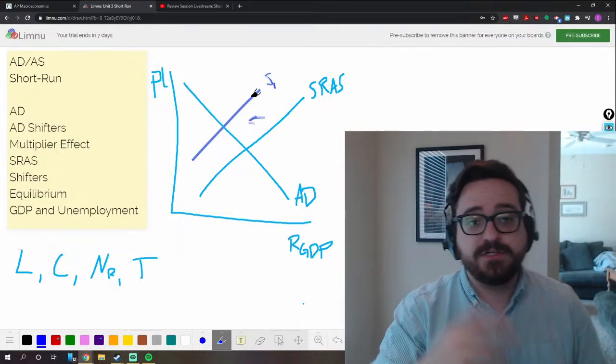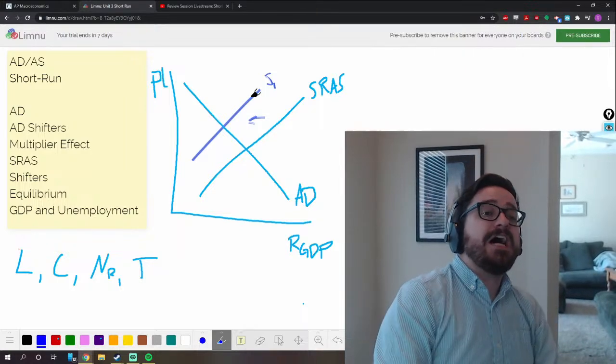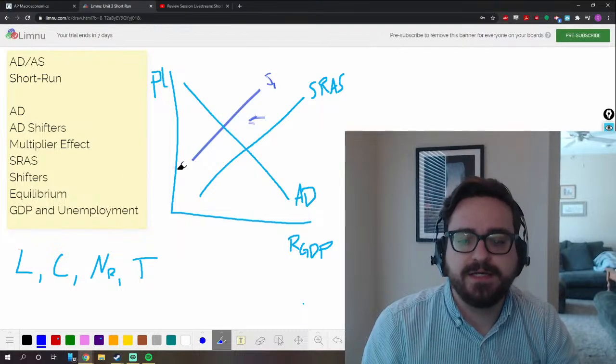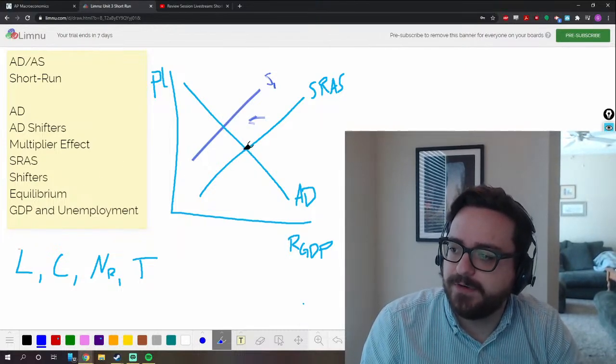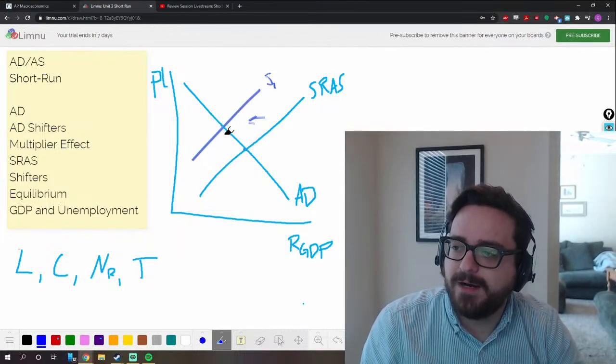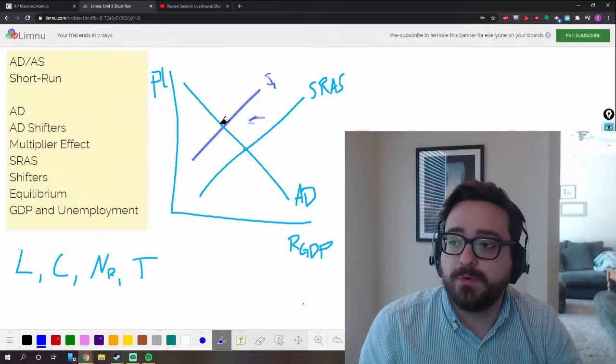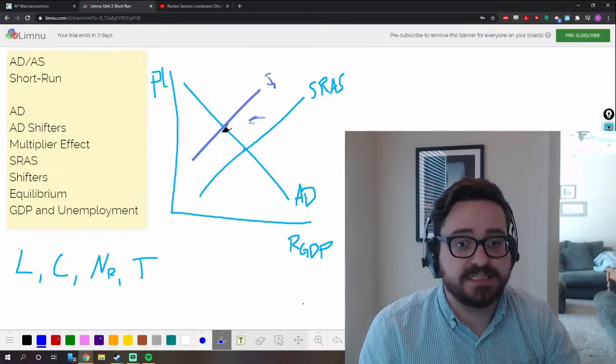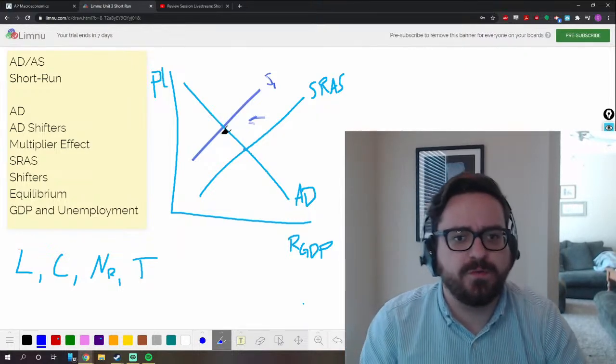So my supply would decrease if oil prices went up. Now, if that happens, what we need to be aware of from here on out, the equilibrium bit, is what's happened to my equilibrium. I went from here, now I'm up here. So I have a lower GDP at this point and a higher inflation and a higher price level. That means two kind of bad things are going on.